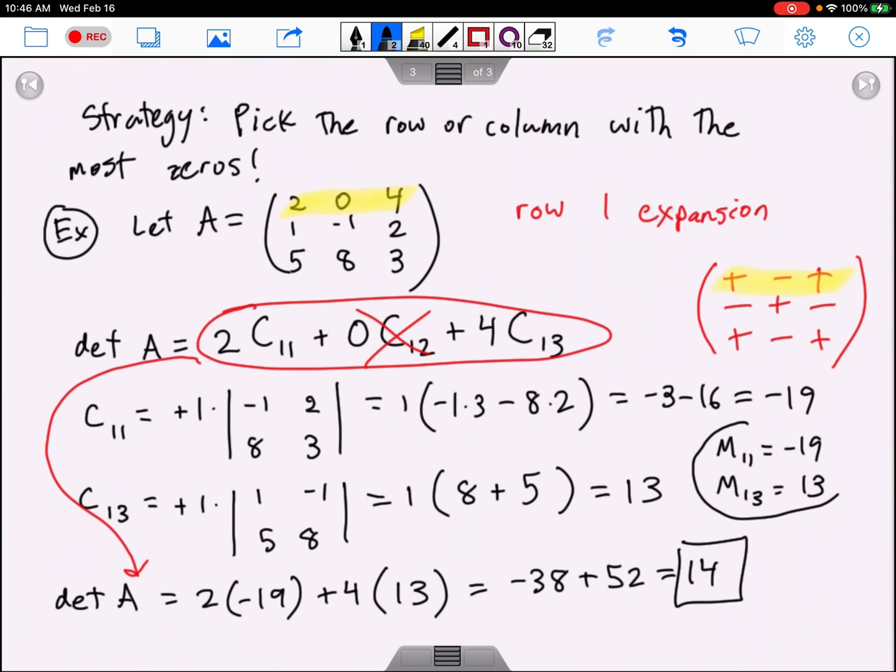So notice that you can calculate the minors if you want to, but normally it's not necessary because I just go ahead and do the cofactors right away. I'll just leave these off to the side so you guys understand the terminology.